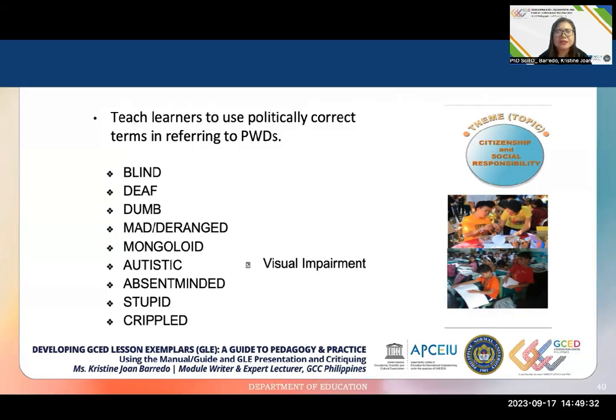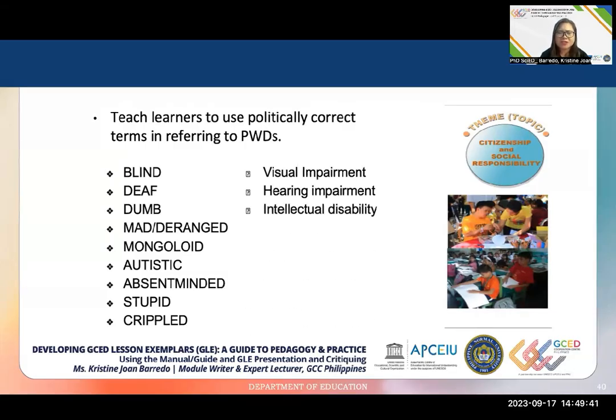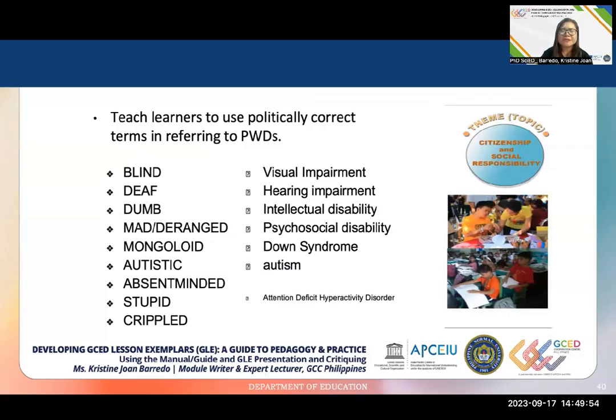For the blind, we say visual impairment. For the deaf, it should be hearing impairment. For the dumb, intellectual disability. For mad or deranged, that is psychosocial disability. Mongoloid, Down syndrome; autistic, autism; absent-minded, attention deficit hyperactivity disorder. For stupid, that is learning disability.